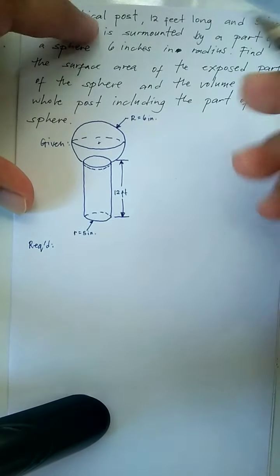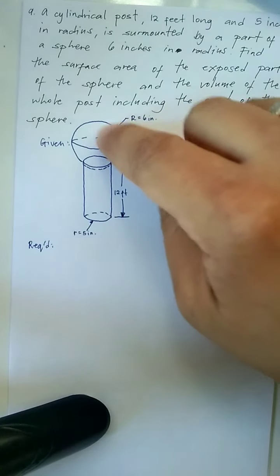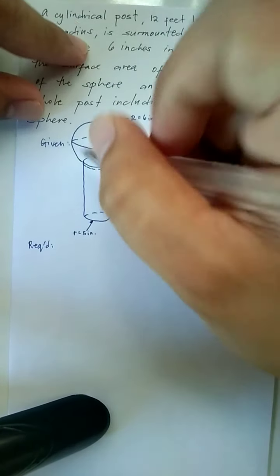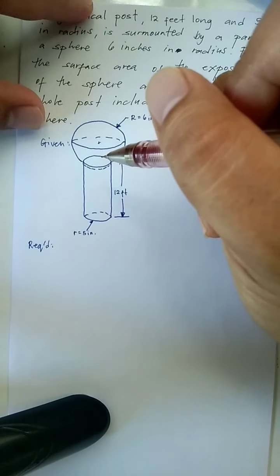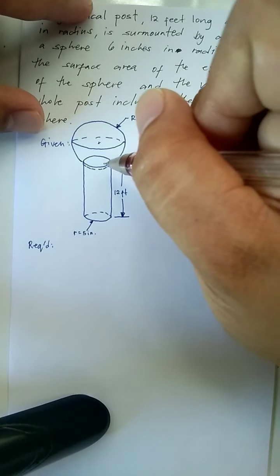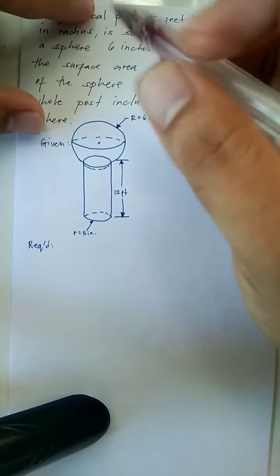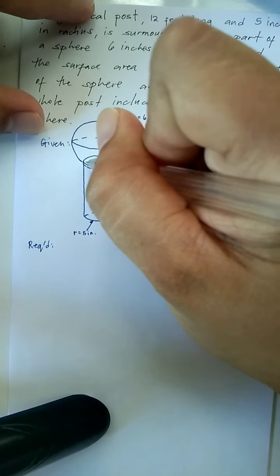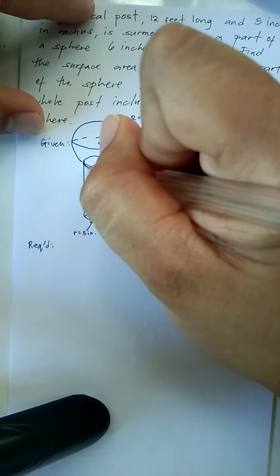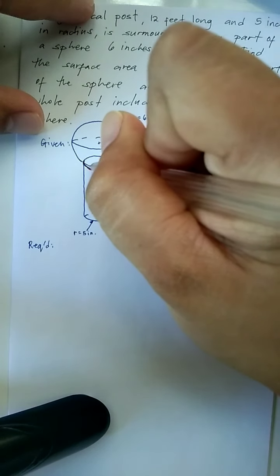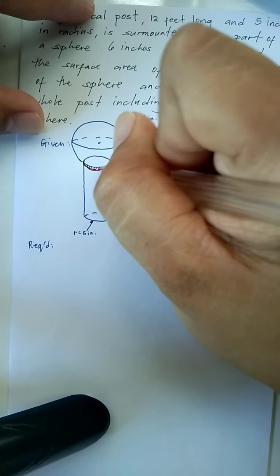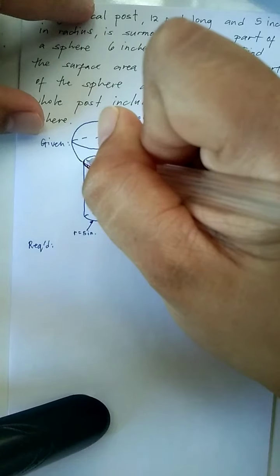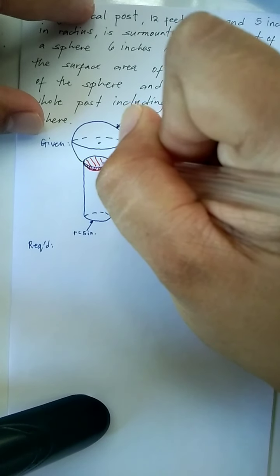Exposed part of the sphere, meaning this one above. Of course, if it is surmounted, it is assumed that the cylindrical post was hollow, and part of the sphere goes inside. This part, and this part here. I'll just put a shade on this one.